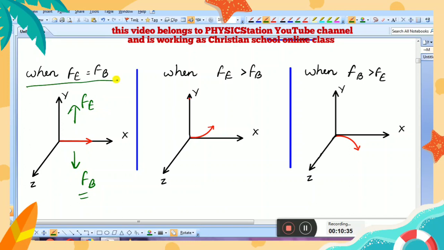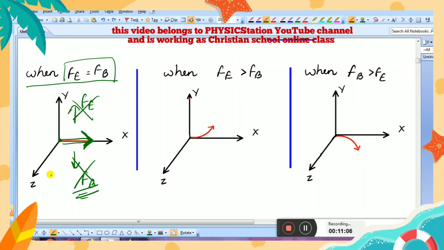Since we are taking the case when both are equal to each other, this force will cancel this F_b force and the motion of the charged particle will be purely along the x-axis, because the effects of these two forces will cancel each other.